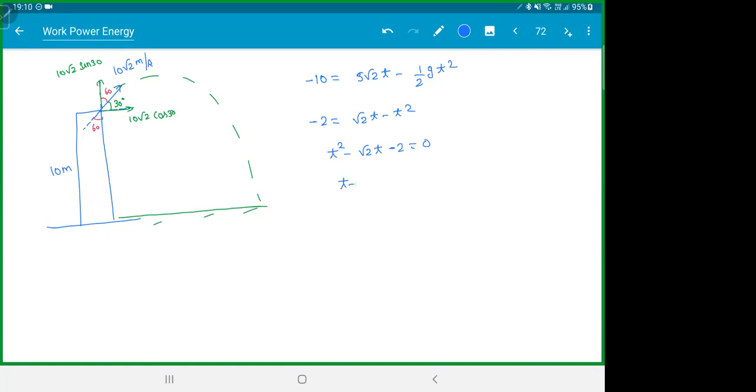This thing would be t equal to root 2 plus root over 2 plus 8 by 2. Not a great answer. So what is range? Horizontal velocity into time. This is your time of flight. 10 root 2 cos 30 is root 3 by 2 into time. I'll leave it there. You can simplify.